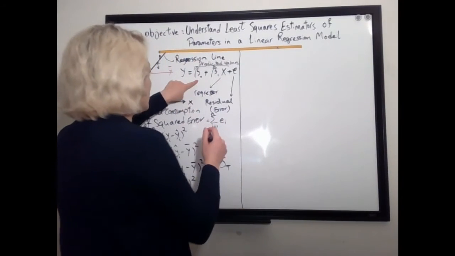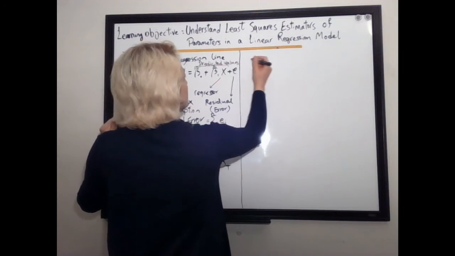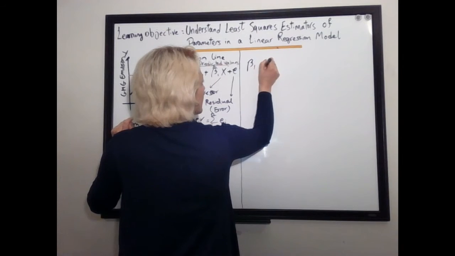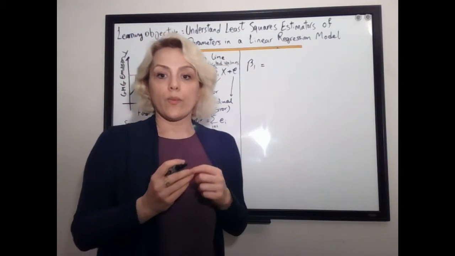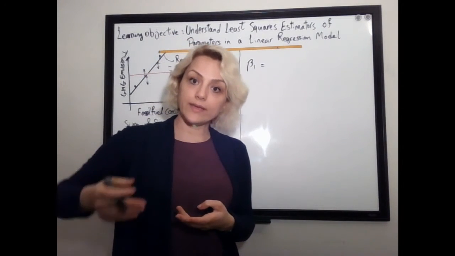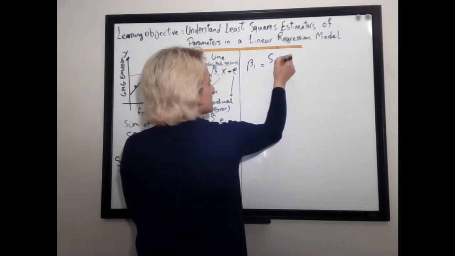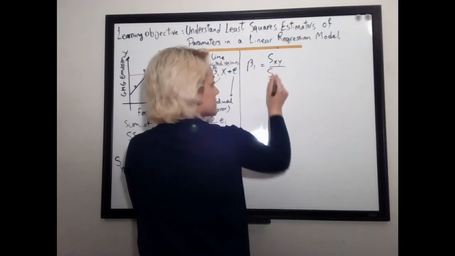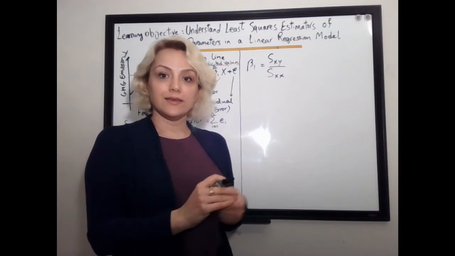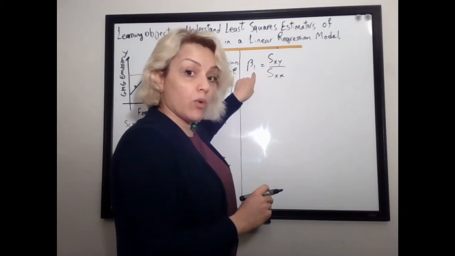Beta null is my intercept, beta 1 is the slope, right? So let's say beta 1 is equal to the sum of a square of the xy divided by the sum of a square of the xx. So that's going to be my beta 1 estimate.